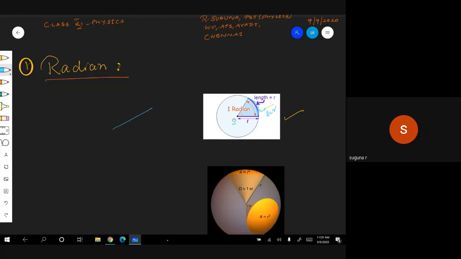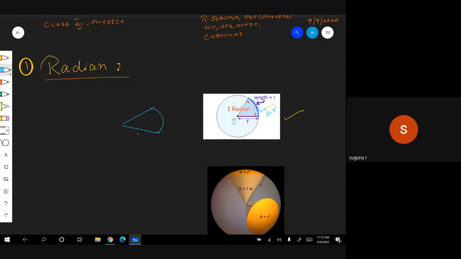Let me just take a part of it. This is the arc, and its length is equal to the radius.